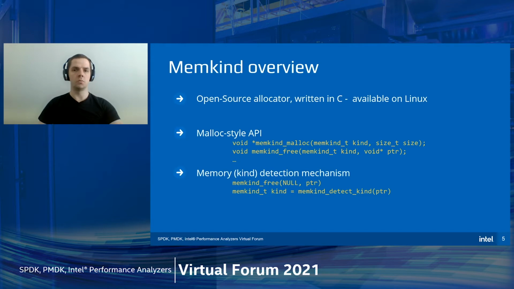Detecting memory kind from memory referenced by an address can be done explicitly as well by the memkind detect kind function. It is worth mentioning that using this functionality comes with performance costs related to internal search based on pointer address. The second feature available in Memkind is heap manipulation. Even though the heap's actual logic is handled by jemalloc, Memkind provides a mechanism to manipulate a heap, later discussed during this presentation.